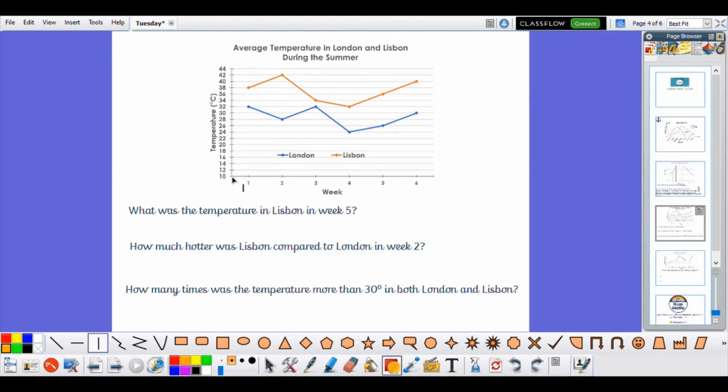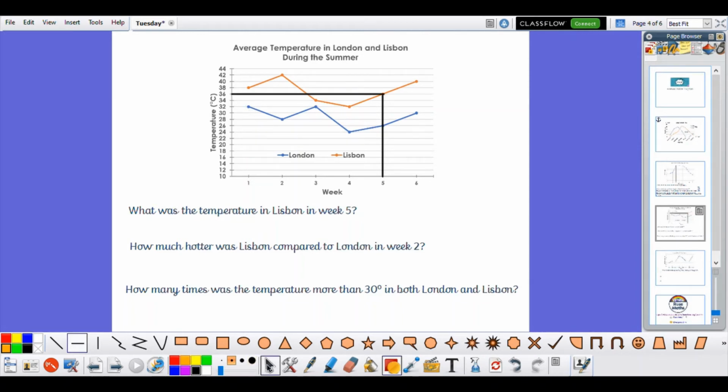Then I'm going to remember I need to go across the x-axis first, and then I need to go up. So I'm at week 5, and I'm going to take my ruler and go to the data point. And then, because it's a bit tricky to see because it's quite far away, I'm going to use the horizontal line to take me to the y-axis.